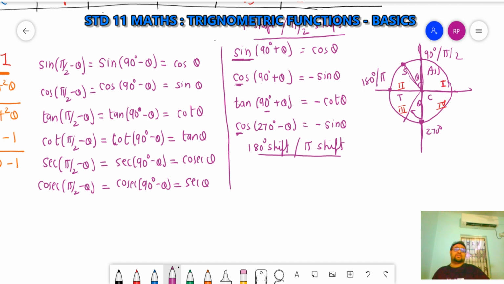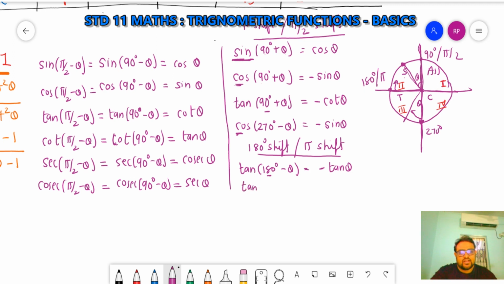But whether it is positive or negative, for that you need to check the quadrant. Like if I take tan of 180 degree minus theta, as it is a 180 shift, this will be tan theta. But 180 minus theta is in the second quadrant. In the second quadrant, tan is negative, so I will use minus tan theta here.